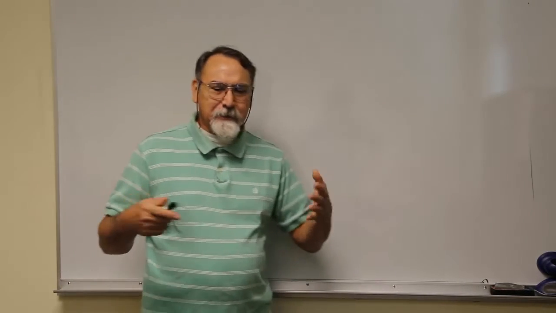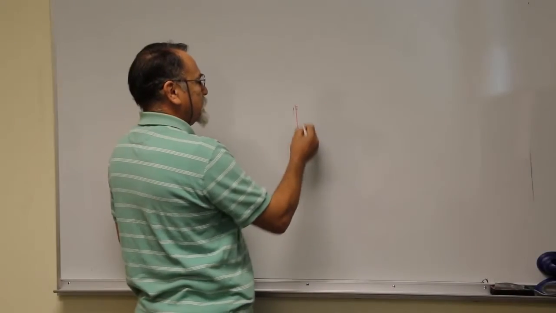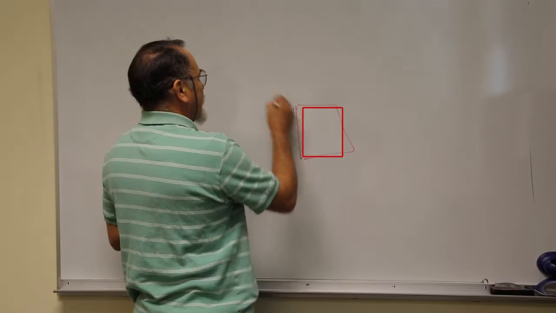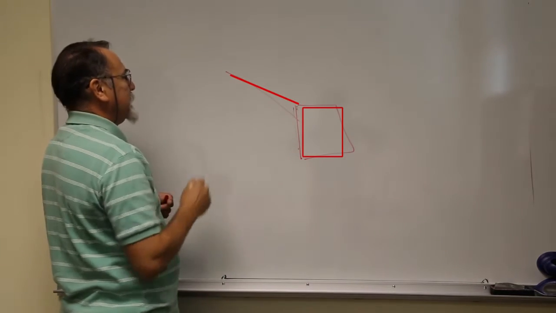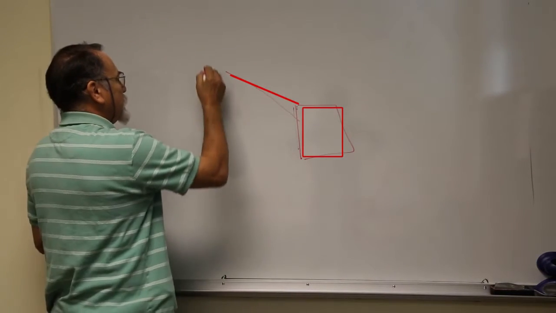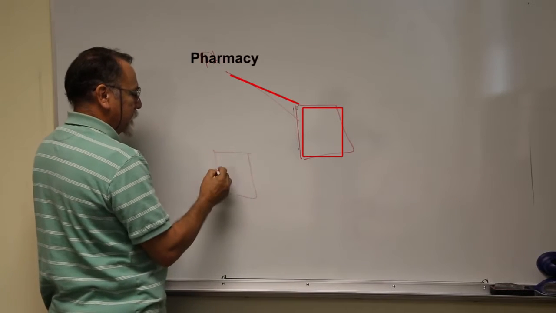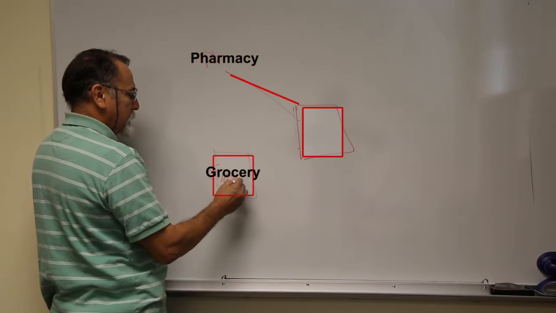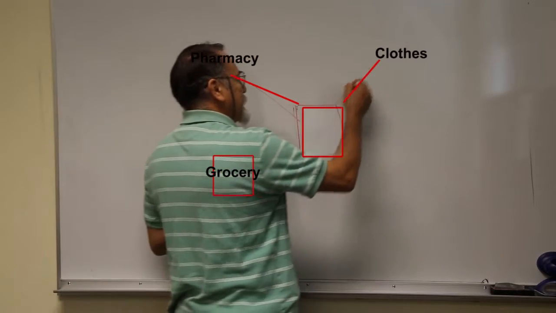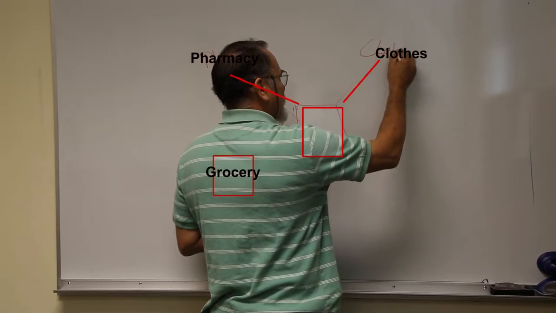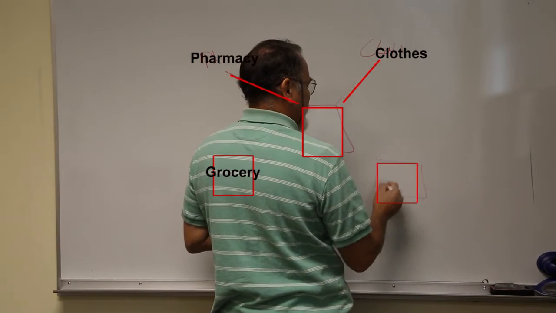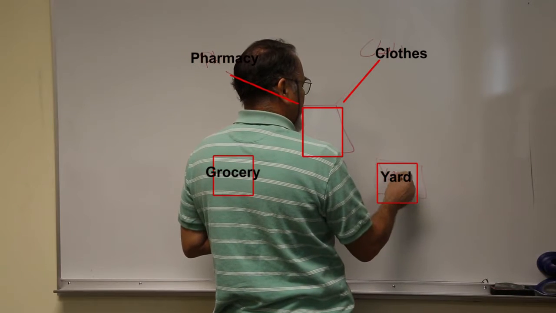So let's take any department store, retail store, where you would have one centralized location. In a department store you would have the pharmacy, maybe the grocery section, some place that sells clothes, and yard and garden.